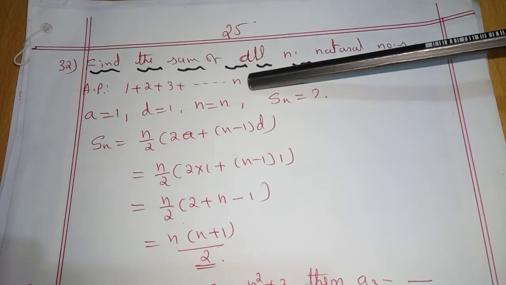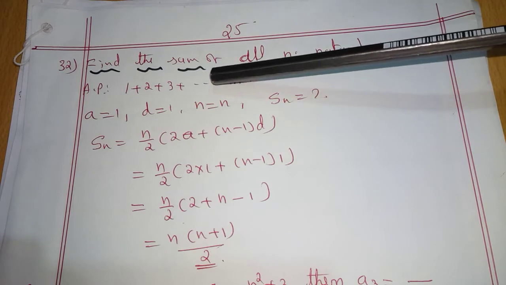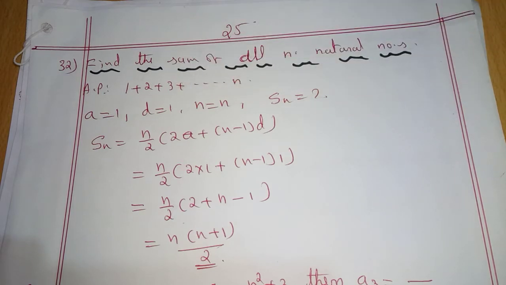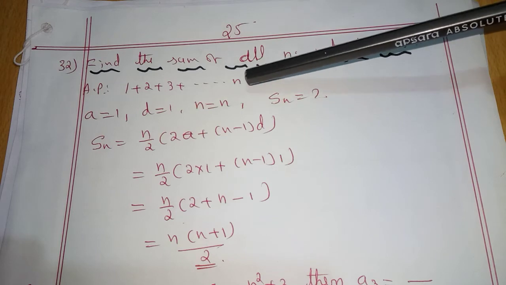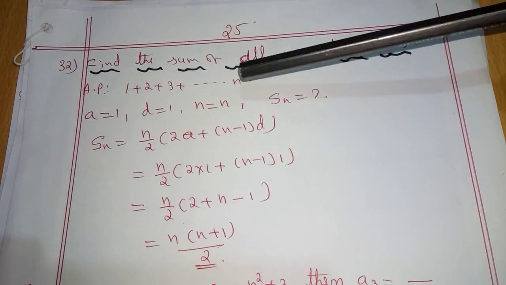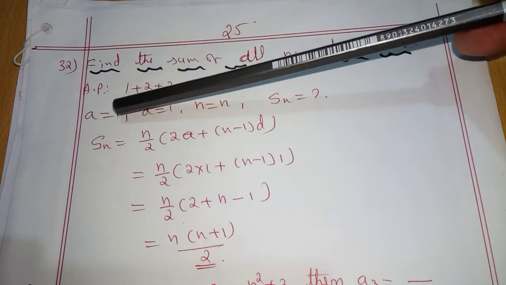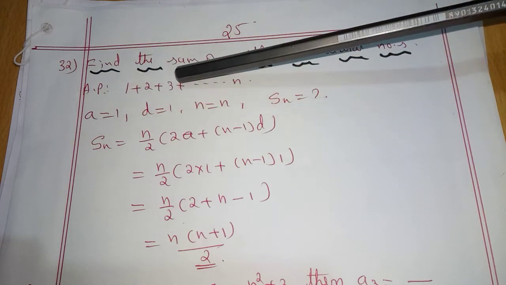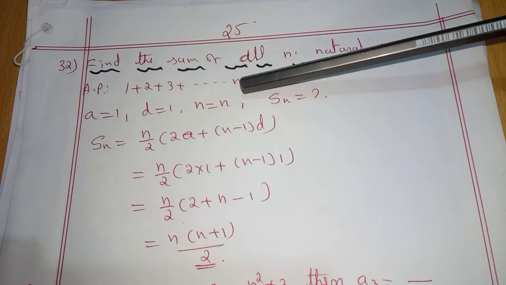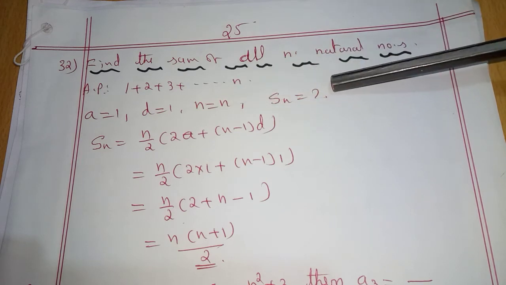It is easy to write natural numbers, no? Everyone wrote it. 1 plus 2 plus 3, and so on, up to n. Can everyone write A, D and n value? A is equal to how much? 1. D is also 1. N is n only. What do we have to find? Sn.